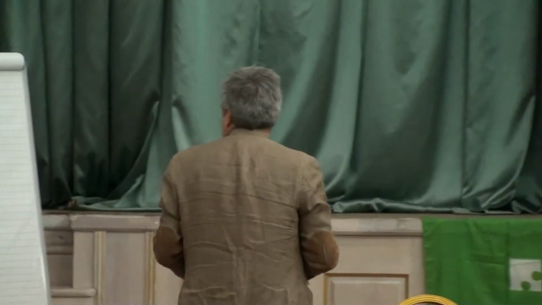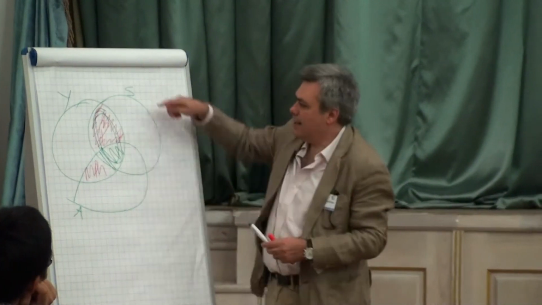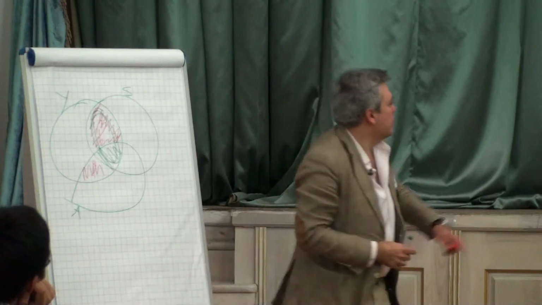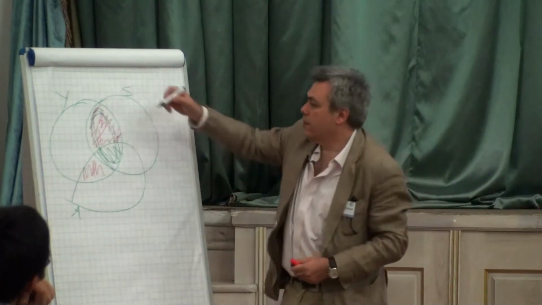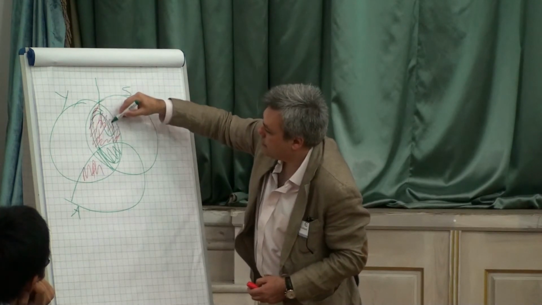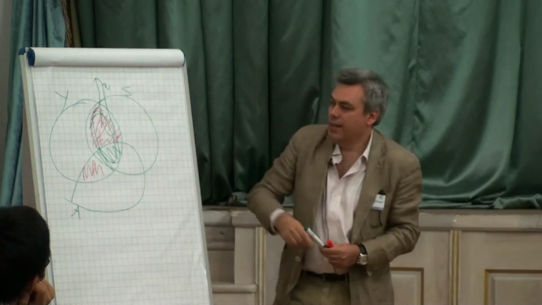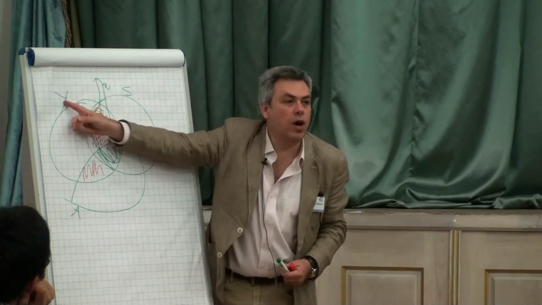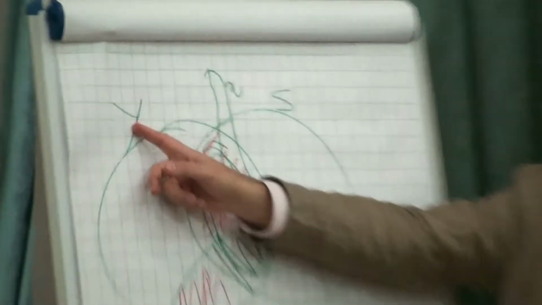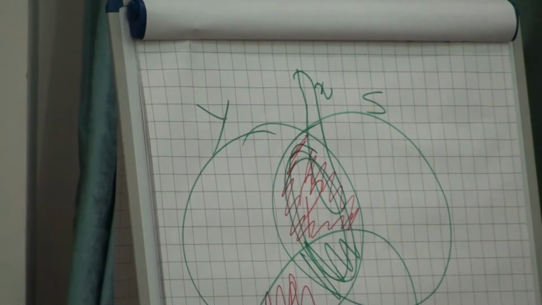Now, what is an instrumental variable? An instrumental variable is a variable that is correlated with S. So for example, this variable Z. It's correlated with S, and it's not correlated with Y in any other way than through S. Why do you need those two conditions?